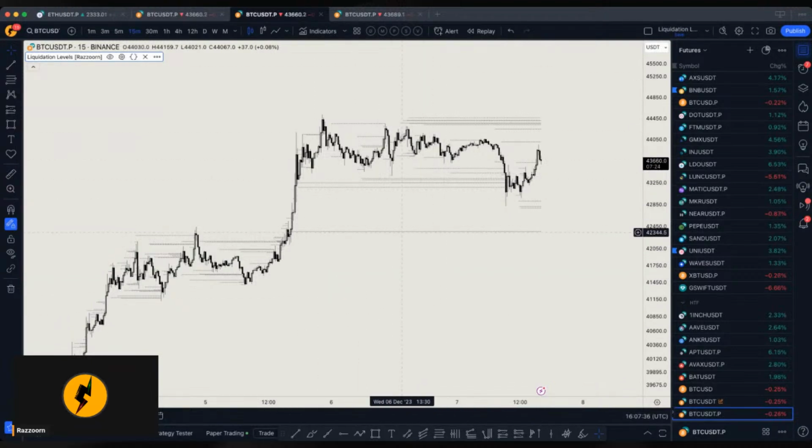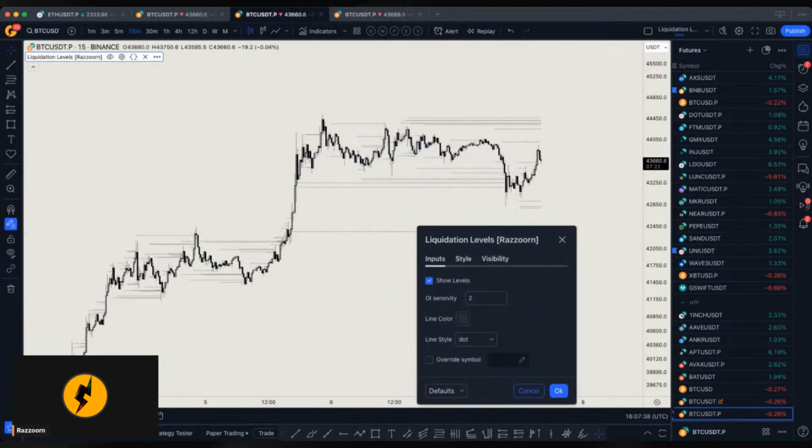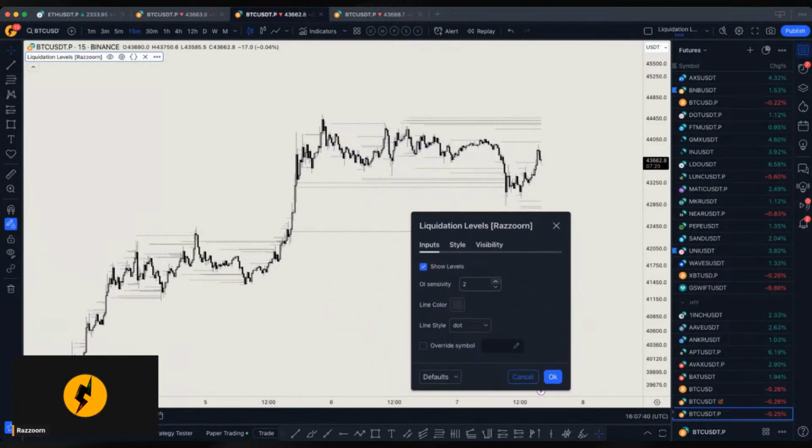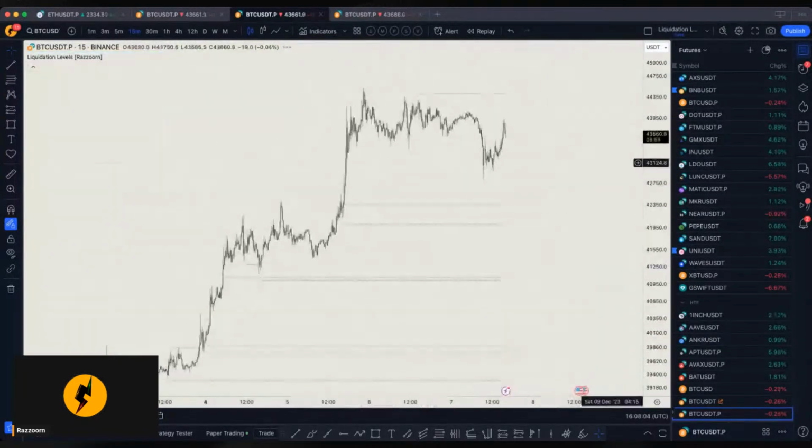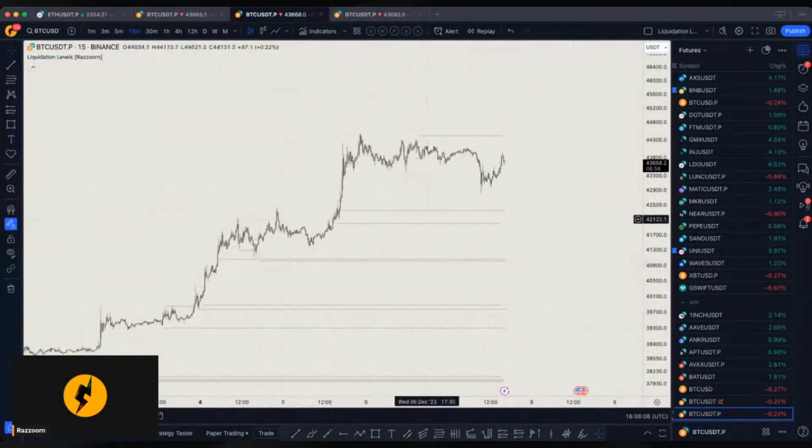I don't want to really make things complicated. So when it's 1, 2, or even 3, it focuses more on local price action. And when it's higher than 5 or 6, it focuses on the higher time frame. You can see the levels are more zoomed out, right?